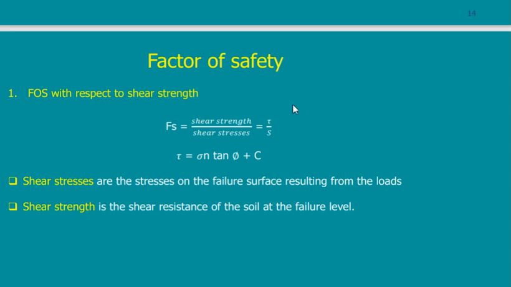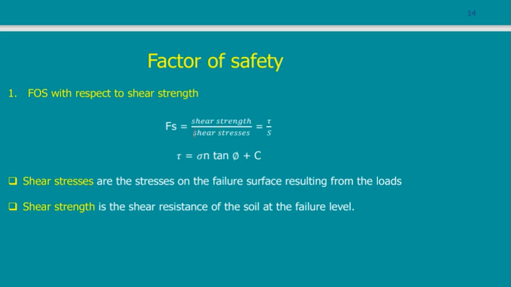So the ability of soil to carry shear is the shear strength of the soil. How much stress can the soil carry before going to failure? So this is the force that you can carry, or the person who is preventing you from falling. This is the first case.